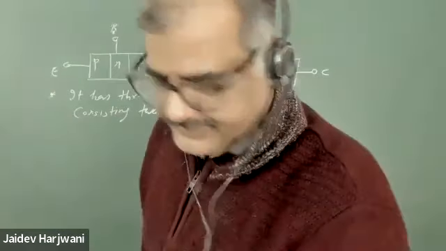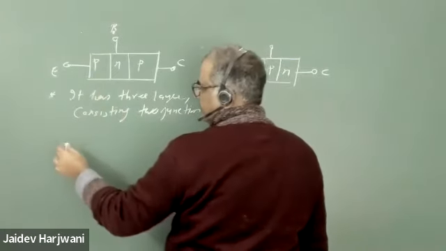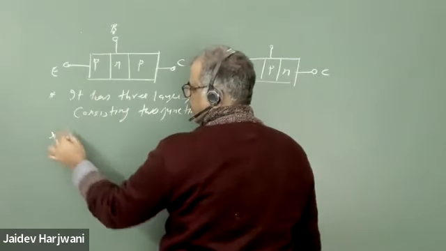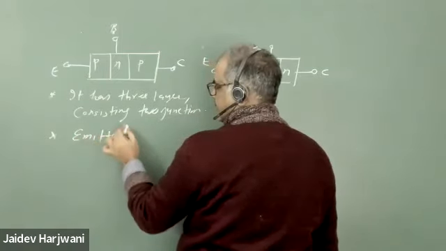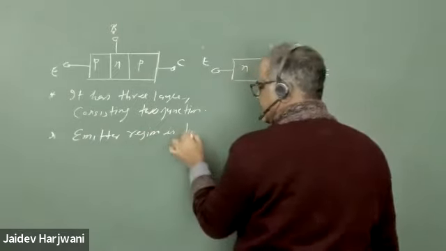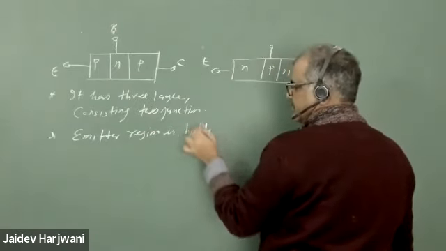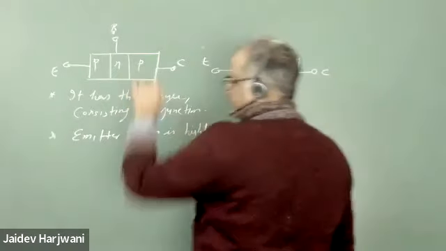Now the emitter region is highly doped in comparison to the other two regions.